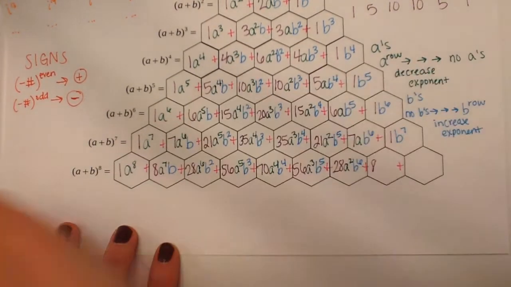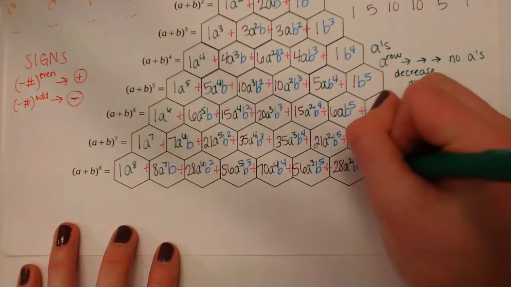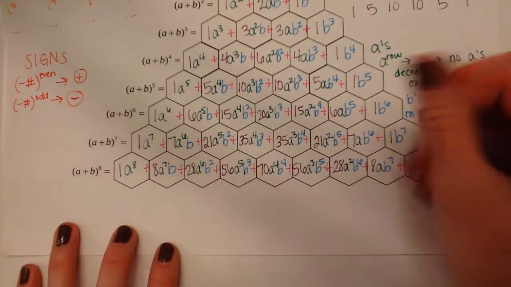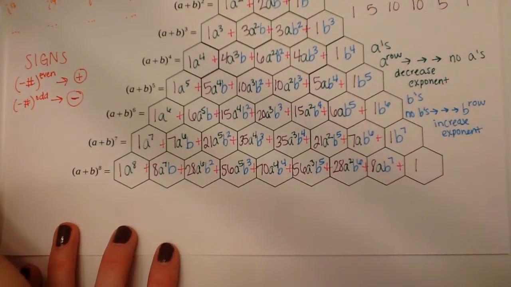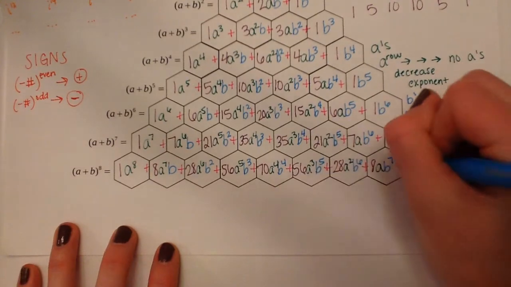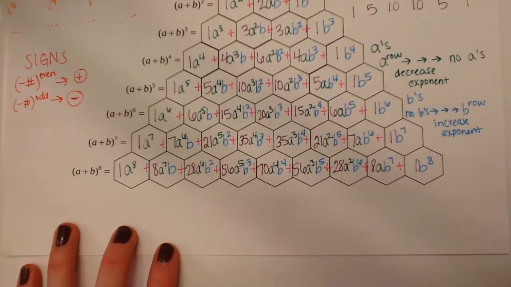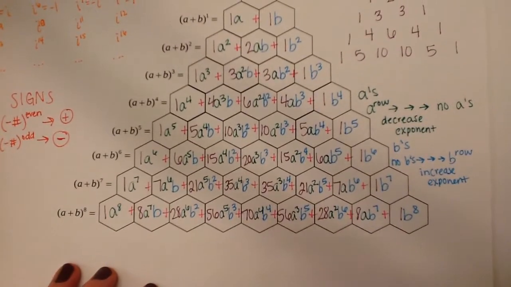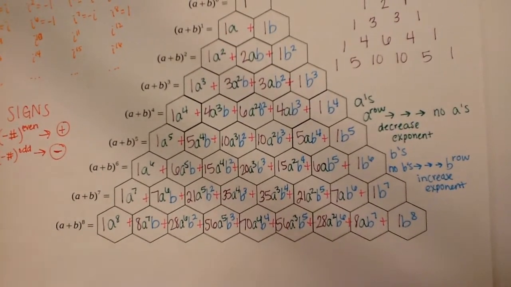Plus 8. A you're going down to a. B you're going up to b to the 7th. Plus 1. And we're left with no a's, but we're left with b to the 8th. Alright, so there's that table for you. So now let's do a couple examples where we actually use this table.